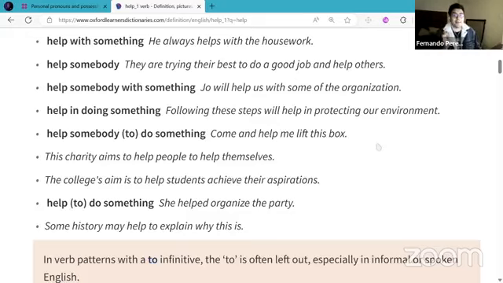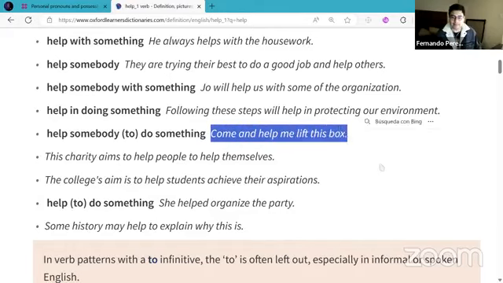Attention, it's more common to avoid using the connector to. For example, come and help me lift this box. This is more common than saying, come and help me to lift this box. But both are correct.